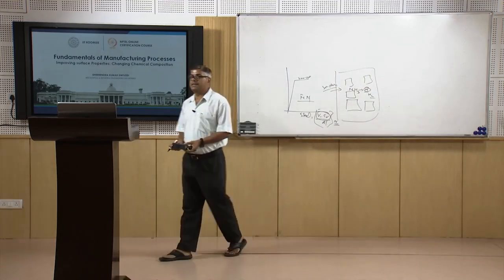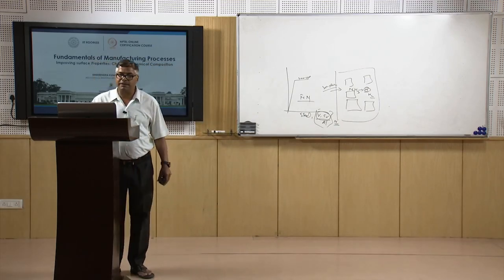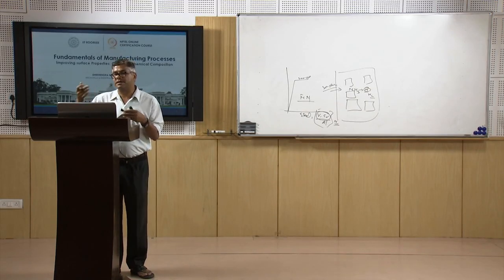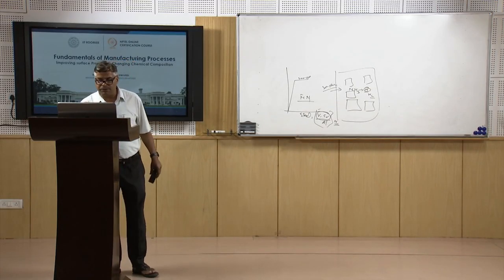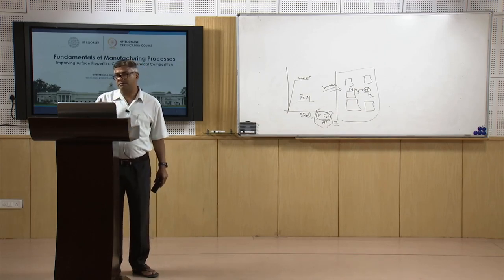This is what we can see here, and the effectiveness of nitriding is also different for different alloys because of this difference. We can see as a function of nitriding time, since nitriding is also a diffusion based process, when the nitrogen rich environment is created with the help of ammonia, it leads to diffusion of nitrogen into the steel surface.